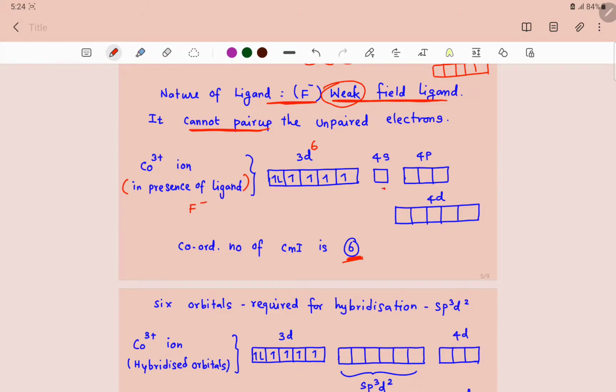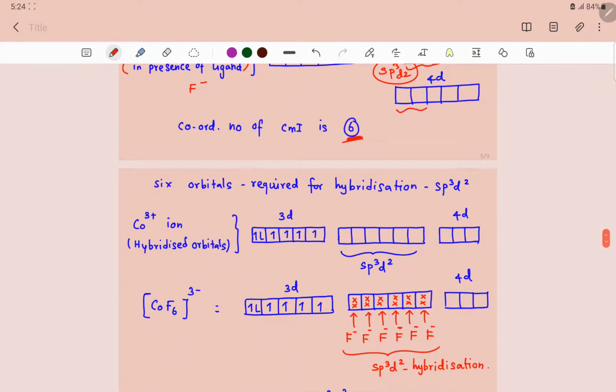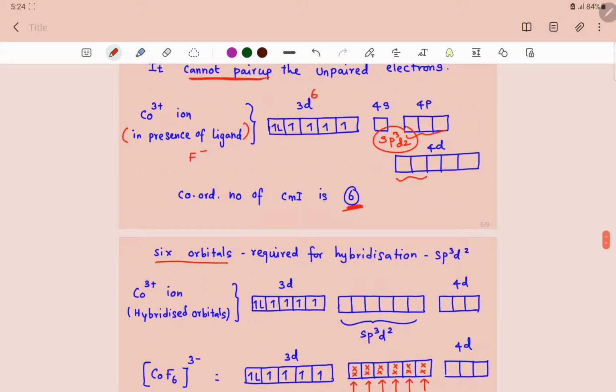Let us start from here: one s orbital and 3 p orbitals make 4 orbitals, and 2 more orbitals, d orbitals, so this cobalt 3 plus ion follows sp3d2 hybridization. Six orbitals are required: starting from 4s, 1, 2, 3, 4, 5, 6 orbitals.